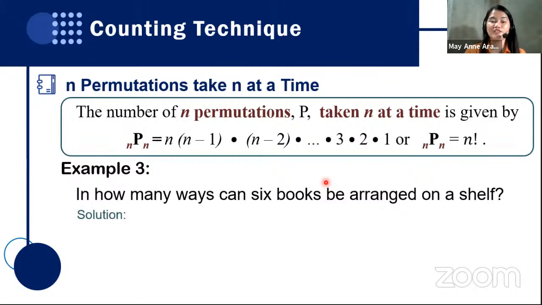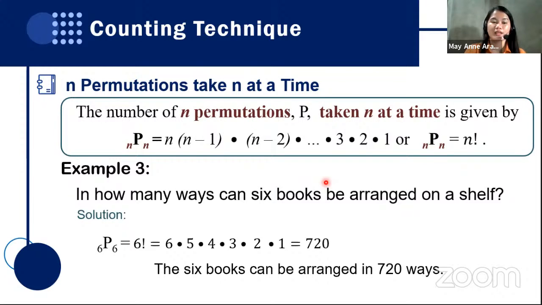To solve this, you just have to get 6 factorial, which is equal to 6 times 5 times 4 times 3 times 2 times 1, which is 720. That is the number of ways you can arrange those 6 books in a shelf. Basta arrangement, tapos taken all, and factorial.